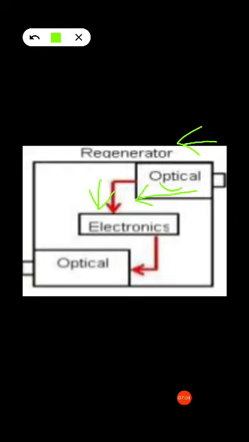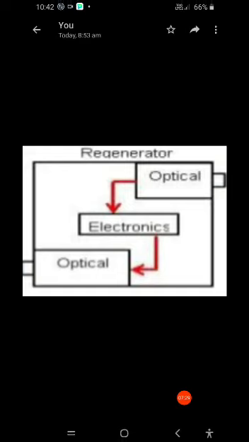Here the electronic circuit restores the original characteristics of the signal, and that output is given to the optical transmitter. The optical transmitter converts the electrical signal into an optical signal. Then this output is again given to the receiver.